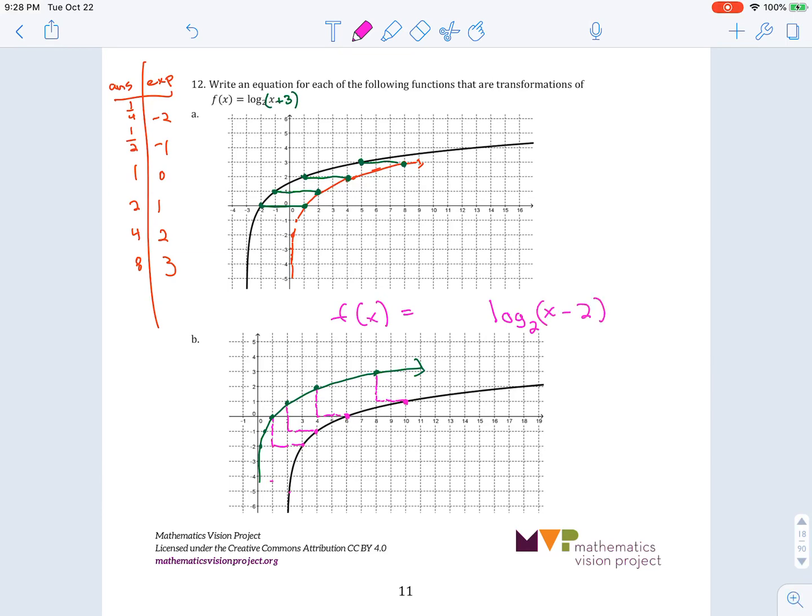Remember, just like in the last video, x minus 2 moves it right, just like the x plus 3 up here moved it left. So that moves it right, and now it needs to come down. It's that number that moves it down. So this is your horizontal movement, and this is your vertical movement.